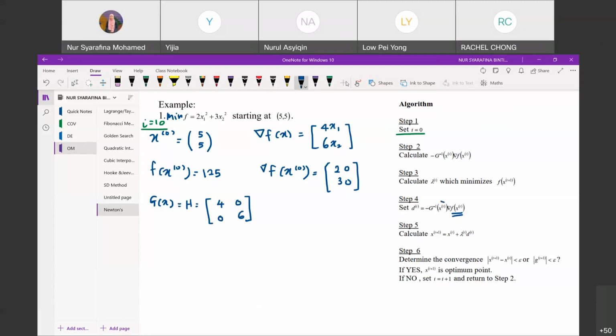Then you can have G inverse. So what is our G inverse here? 1 over 4, 0, 0, 1 over 6.